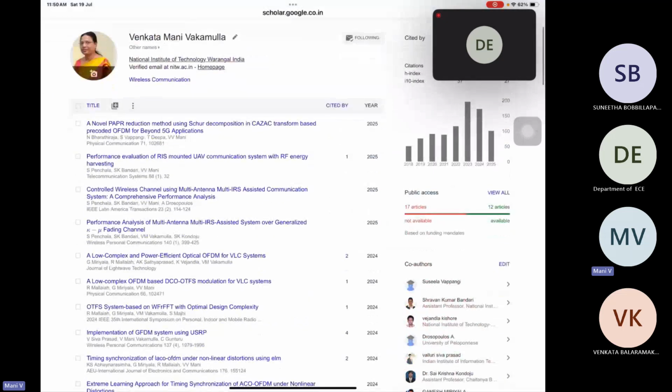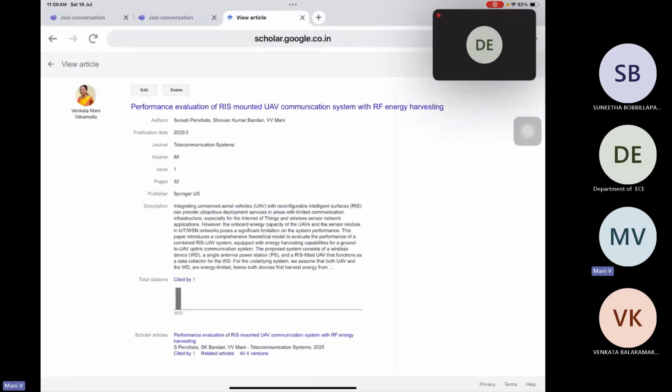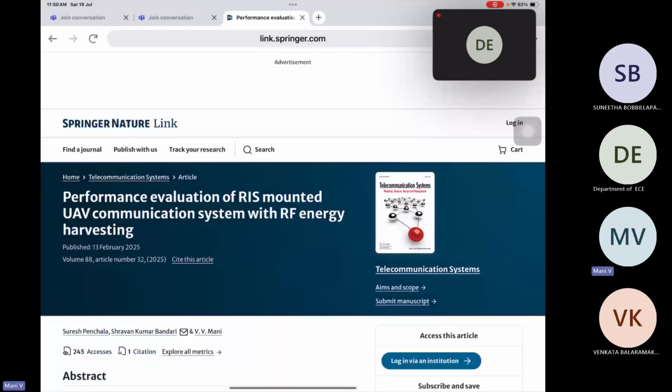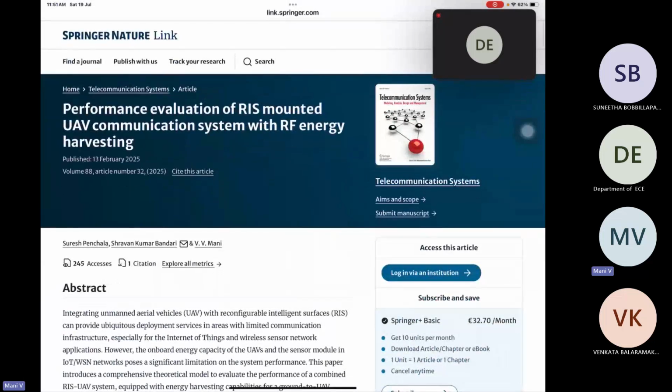And also in other research we are doing with RIS, reconfigurable intelligent surfaces, I don't think it will open here. RIS with energy harvesting, and we are also doing the same as what we did for real-time communication.